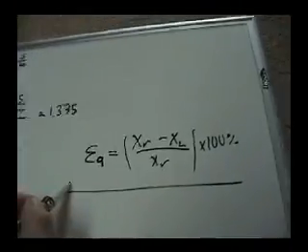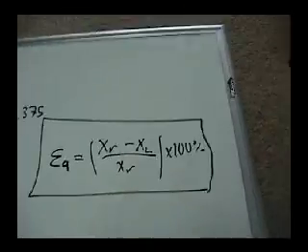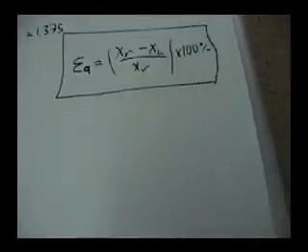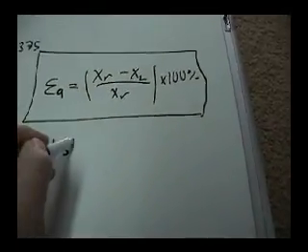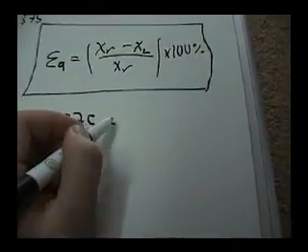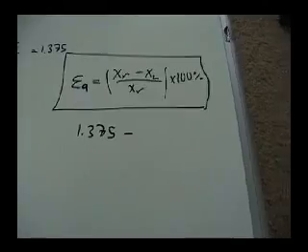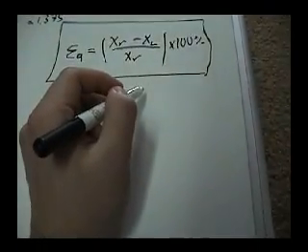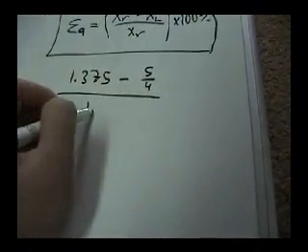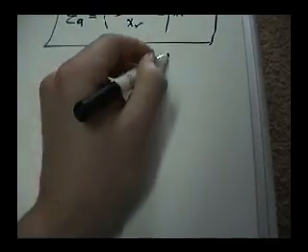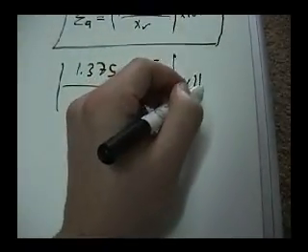And that formula there is the one you use to calculate your error. So let's calculate our error. Our XR for this last iteration was 1.375. Then subtract off x lower, which was 5/4, over 1.375 times 100%.